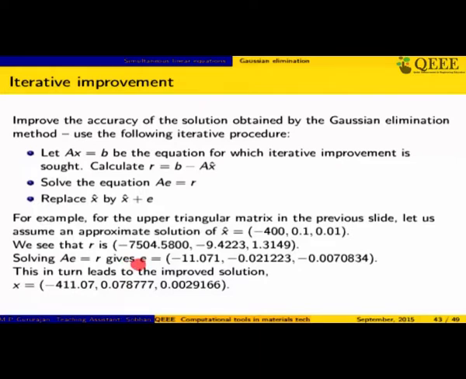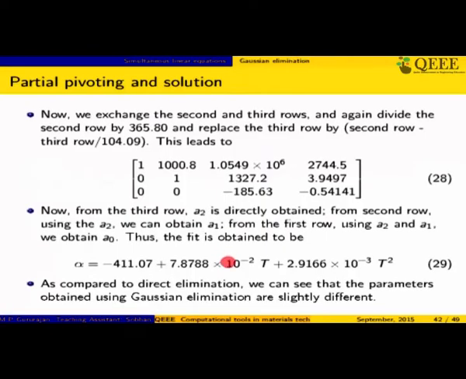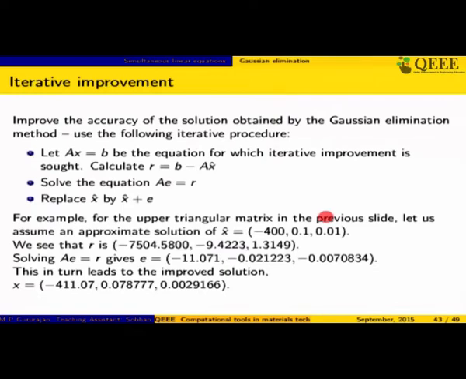It's just back substitution, and you can add this correction E to the X, and then you get the improved solution. So you can see that the solution is 411 and 10 power minus 2 and 10 power minus 3. But I started with minus 400.1 and 0.01, and you can see that I am reaching there, right?